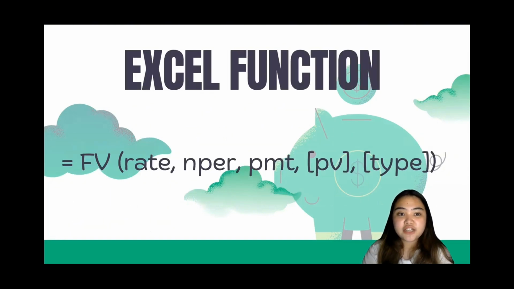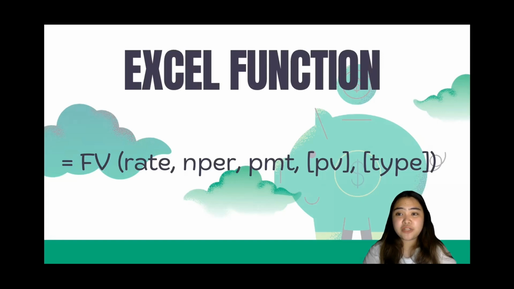So we have here FV or yung future value, rate, which is yung fixed interest rate, and NPER is yung number of periods or yung term, and PMT yung amount deposited in the investment, kung ilan yung ininvest natin. And PV, it is the initial deposit, kung magkano yung starting na ininvest natin. Then yung type of deposit, either beginning or ending ng period.